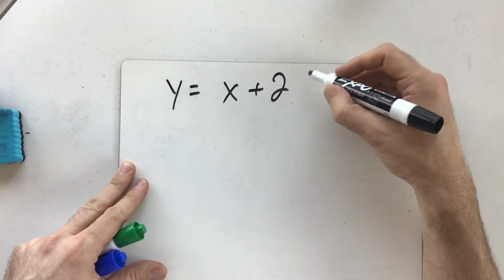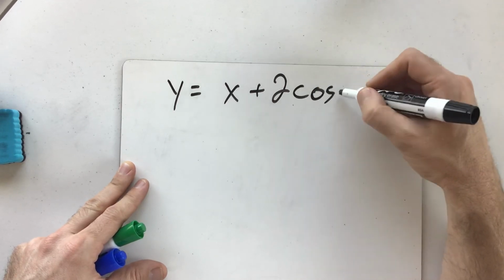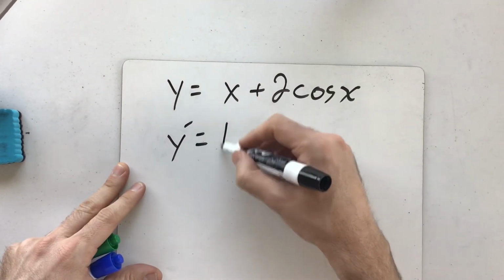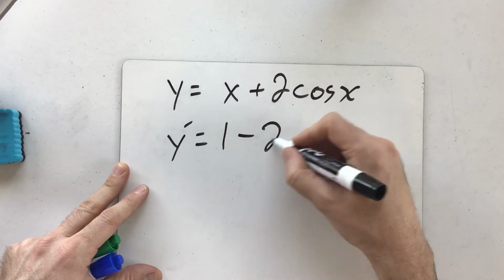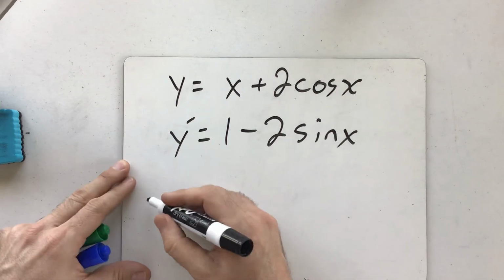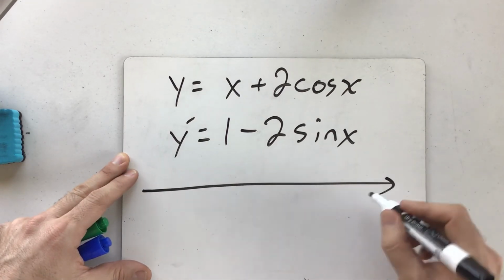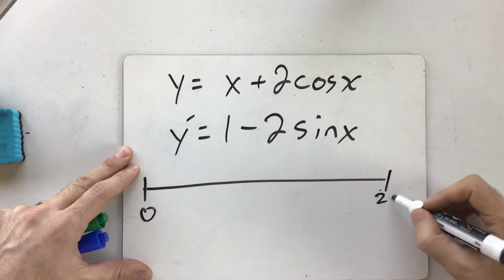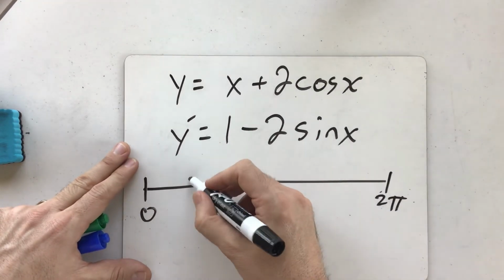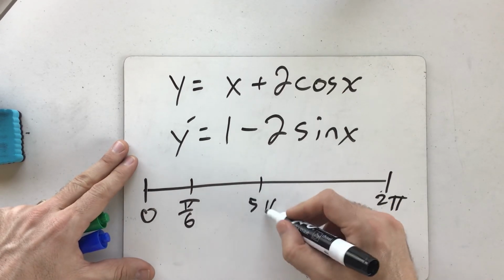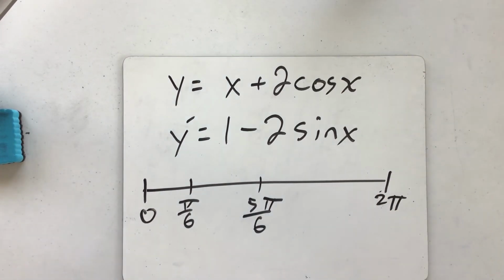All right, so we had x plus 2 cosine x, and last time we took the first derivative, which gave us 1 minus 2 sine of x. If I remember correctly, when we had our graph, we put 0 and 2 pi, and we had pi over 6 as one of our important points, and 5 pi over 6 as the other.